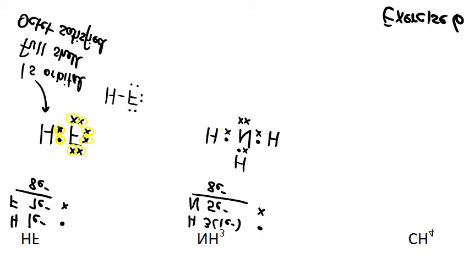Now when I check, it's going to be a little bit harder for us to see this because I'm trying to do this with the video, but I've got 1, 2, 3, 4, 5, 6, 7, 8 electrons for fluorine. We've satisfied the octet rule for it. And so this is what the molecule for HF looks like. We've drawn the Lewis structure for it.